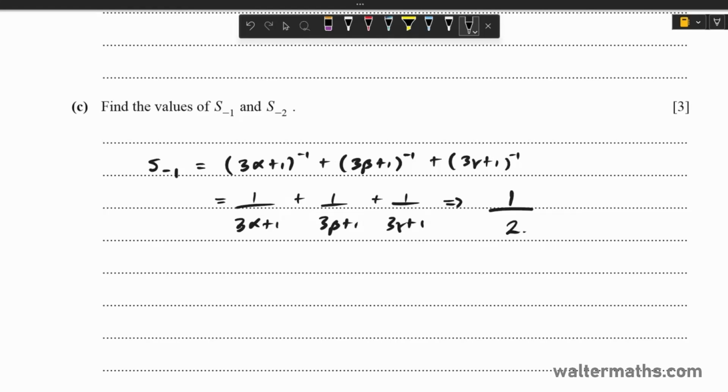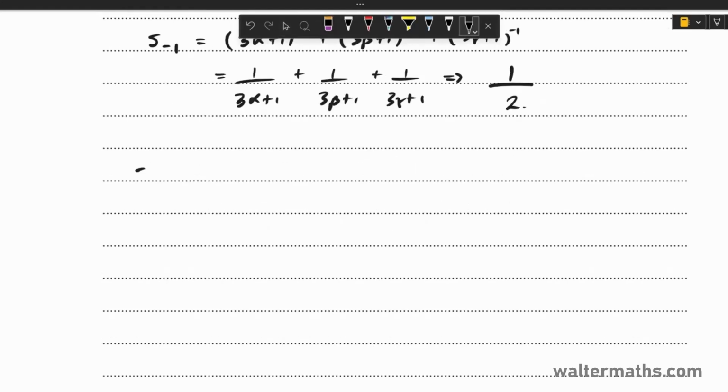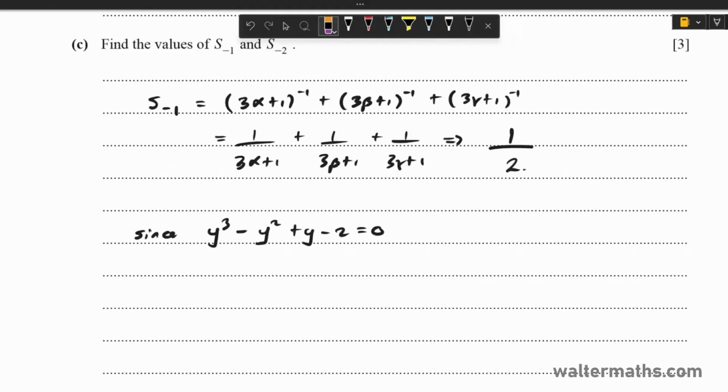a recurrence relation. So I'm going to say, since we have y cubed minus y squared plus y minus 2 being equal to 0, I am going to make 2 the subject. So 2 is equal to y cubed minus y squared plus y.